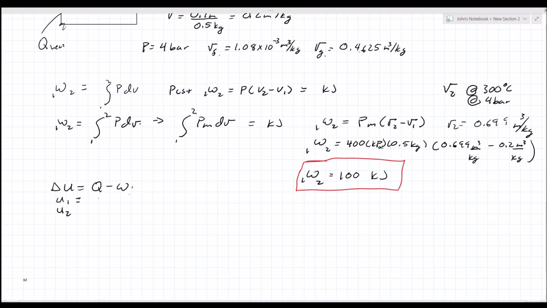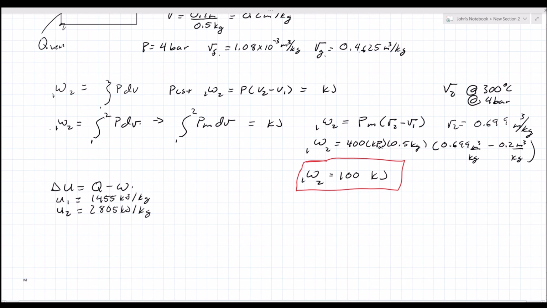At state point 1, my internal energy is 1,455 kilojoules per kilogram. At state point 2, my specific internal energy is 2,805 kilojoules per kilogram.